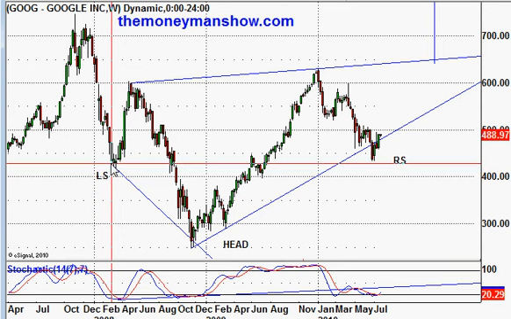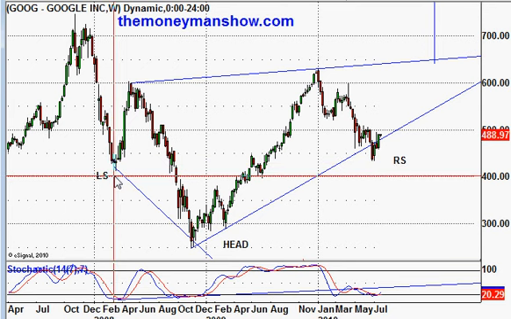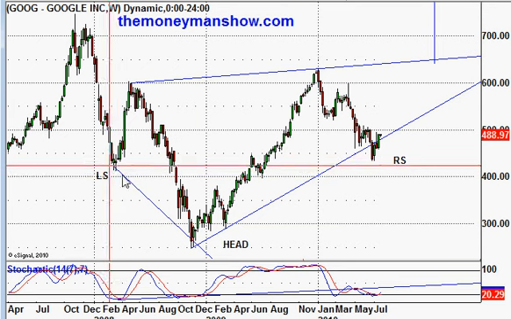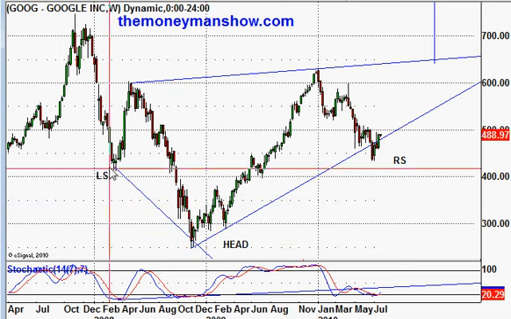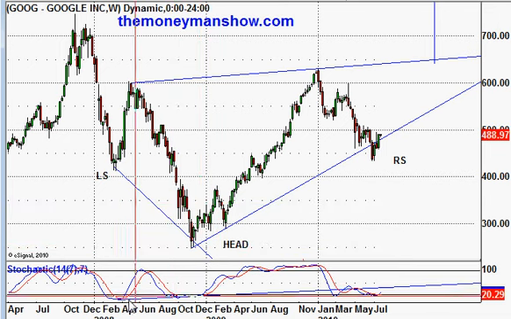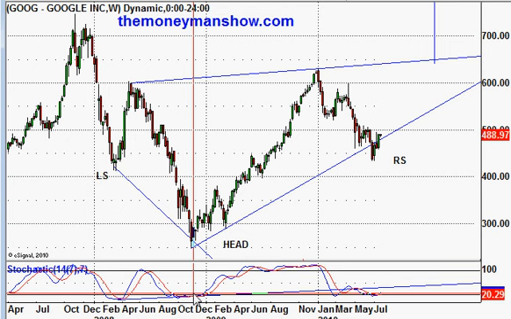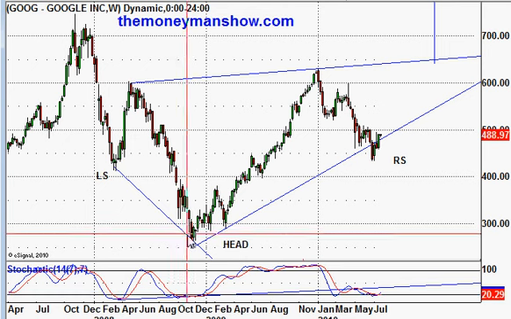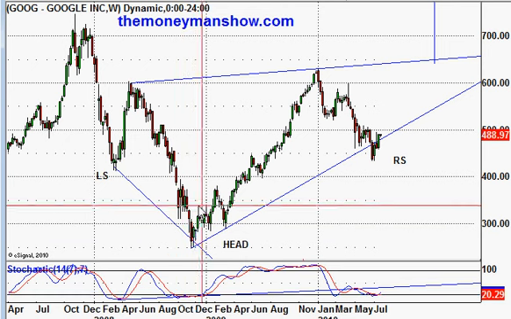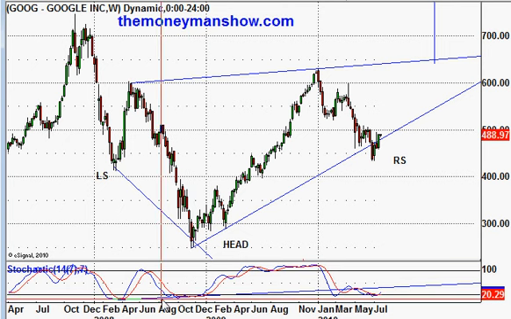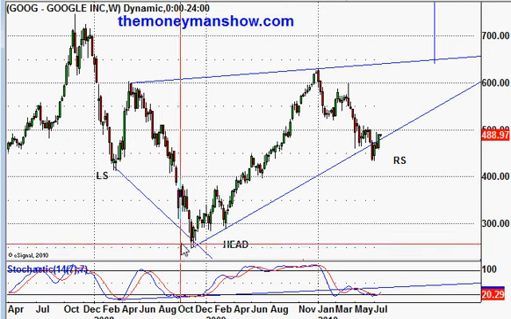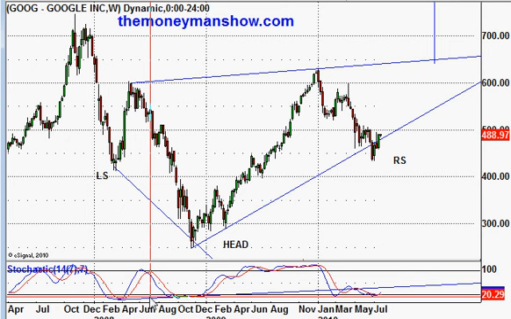But it needs to be something that is visible, not near. Here it's very far apart. The stochastic is going up and the price is going down. So in this bottom the stochastic is higher. This is a positive divergency, the price goes higher.